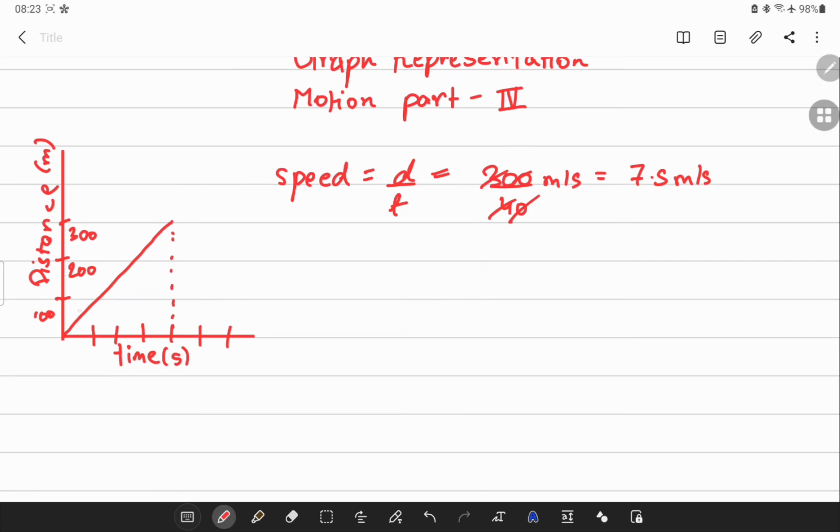You can remember that speed is representable in the graph as just distance by time. Simple. So this was the distance time graph. Keep in mind, the distance time graph can go like this, then this, but it can't go down in this direction. Once it goes up, it never comes down.